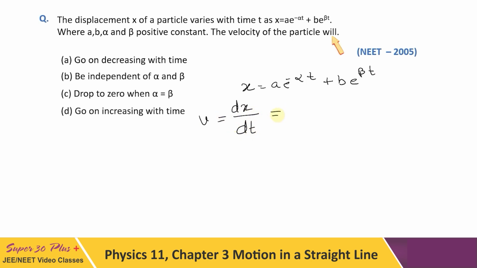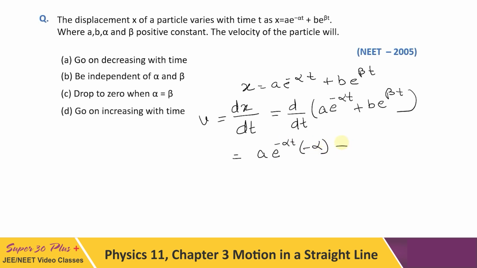Differentiate this, that will give d by dt of a into e to the power minus alpha t plus b e to the power beta t. On differentiation, it will come out as a e to the power minus alpha t multiplied with minus alpha plus b e to the power beta t multiplied with beta.